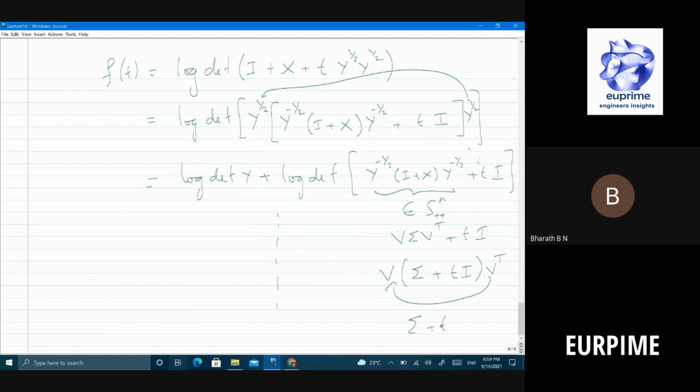I'll get log det of sigma plus tI. And what is the log determinant of sigma plus tI? It's lambda 1 plus t, lambda 2 plus t, lambda 3 plus t, and so on, the product of all those. Log of the product is the sum. You will get the sum of log of lambda i plus t, which is concave. Done, right? So that's the proof. With this I'll stop.